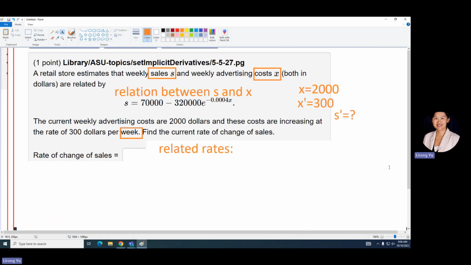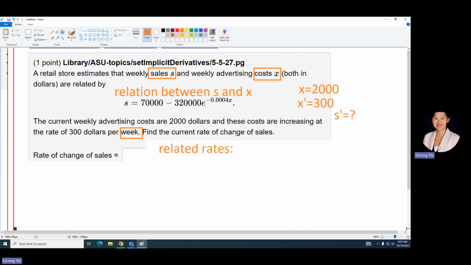That's the reason we have to differentiate, because we're not finding the sale. If you're trying to find the value of the sale, you plug in the 2000 for X and calculate. S represents the sale, but if you want to find the rate of change of the sale, you're forced to find the derivative.